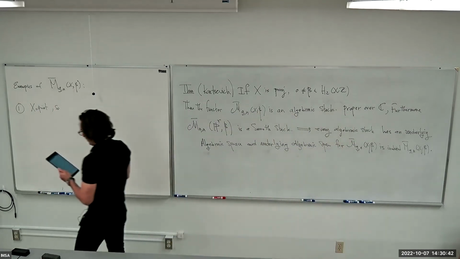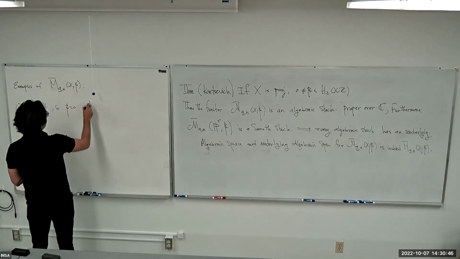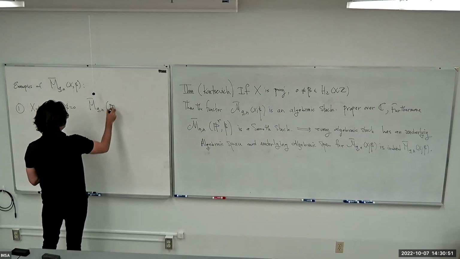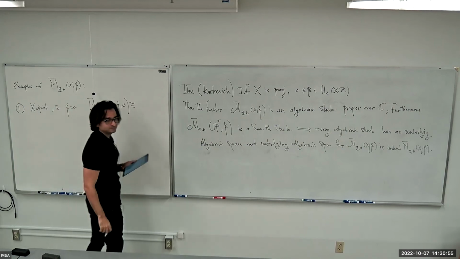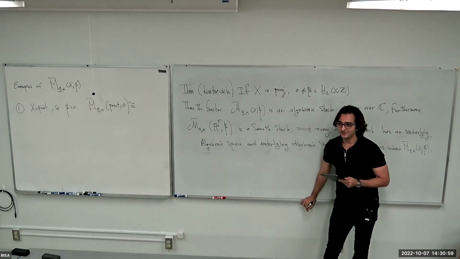So beta equal to 0. Then M bar g,n of the point, 0 is, what is it?